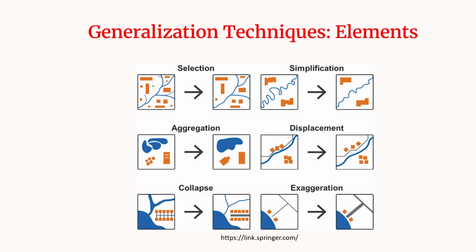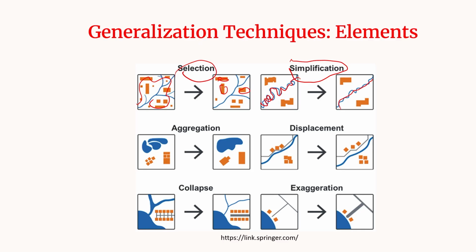If you see here, the first one is selection. There are a lot of geographic entities, and here only selective entities are represented, this is called selection. Another one is simplification, and if you see the river, a lot of curves are there. When I am going to reduce it, I try to simplify the coastline, simplify the river.